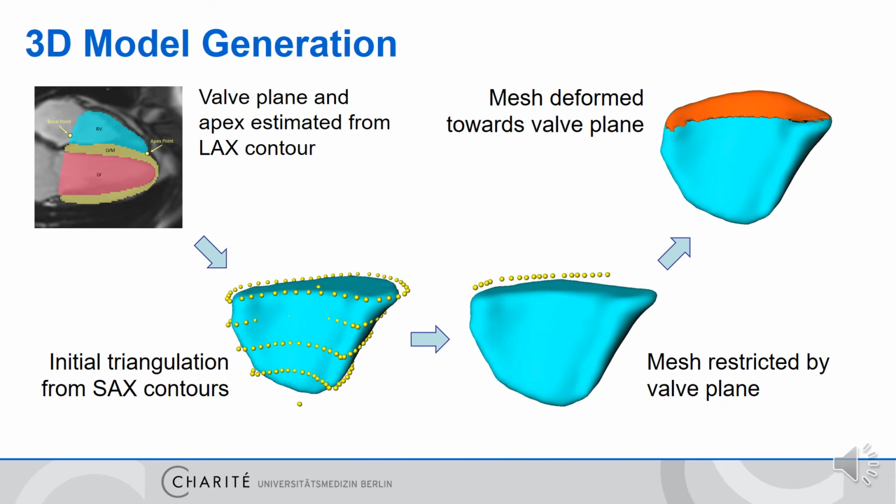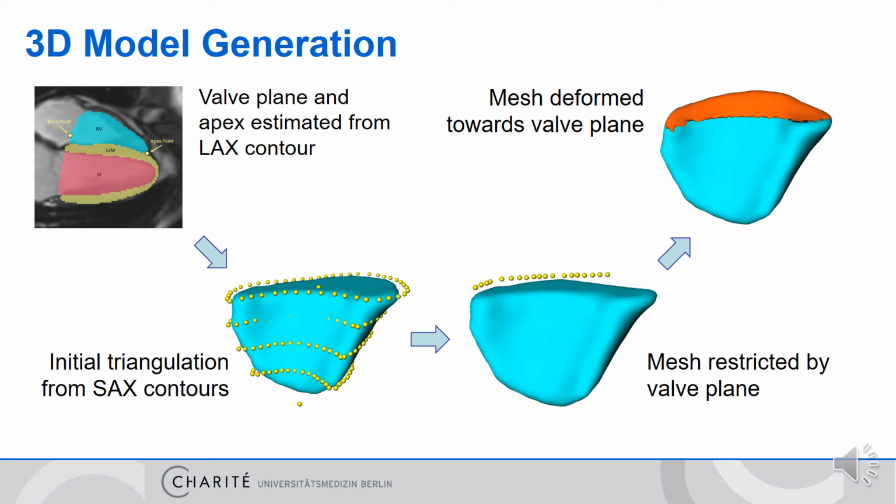In the next step, we created a 3D model from these two complementary views. First, we identify the valve plane and the apex from the long axis segmentation, illustrated on the top left. From the contours of the short axis segmentations and the apex position, we triangulate an initial model.